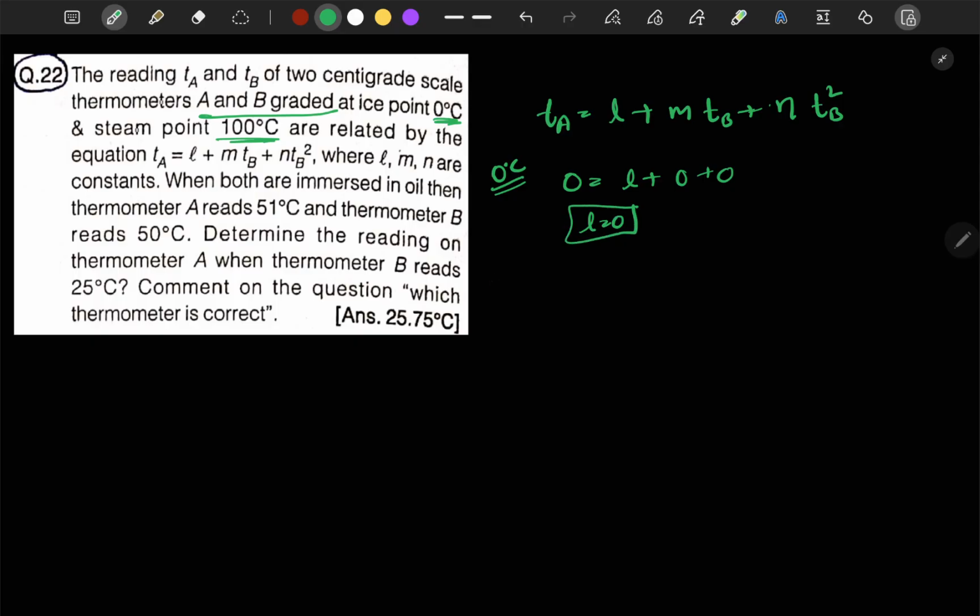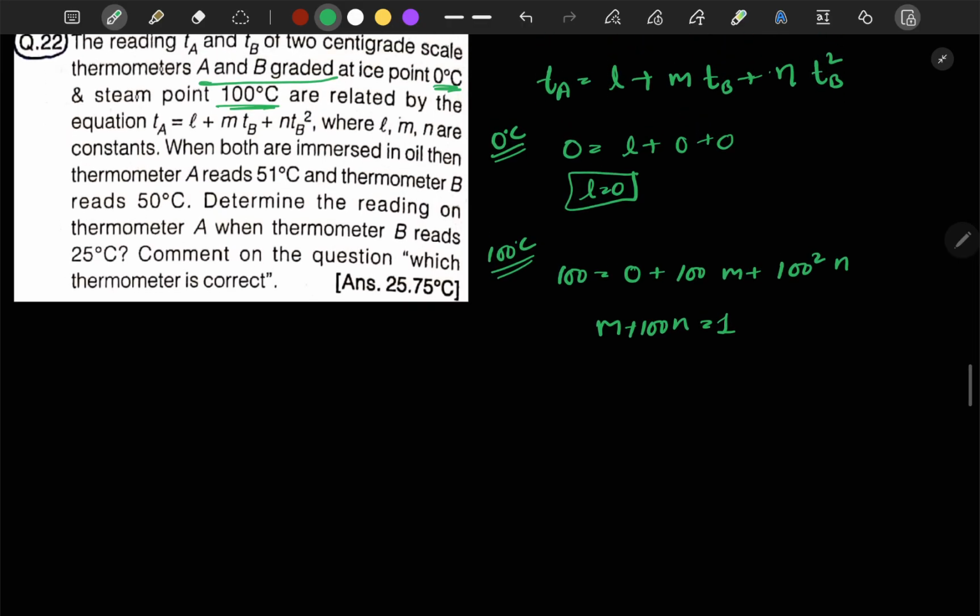When we talk about 100 degrees Celsius, again both values will be the same. So 100 is equal to the value of L, which is 0, plus 100 times M plus 100 square times N. Okay, so here we can get M plus 100 N is equal to 1. Now the next point: when thermometer A reads 51 degrees Celsius, thermometer B reads 50.